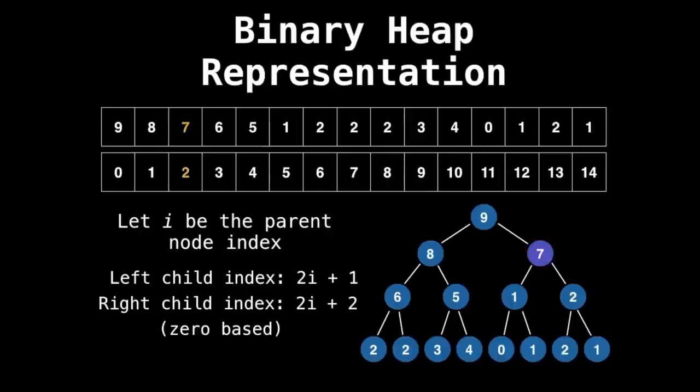Suppose we have a node 7, which is highlighted in purple. Its index is 2, so by our formula, the left child of 7 should be located at 2 times 2 plus 1, or 5. If we look at index 5, we expect to get 1. And the right child should be at 2 times 2 plus 2, or 6.